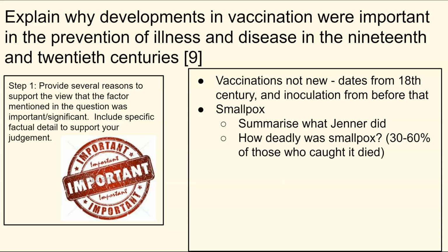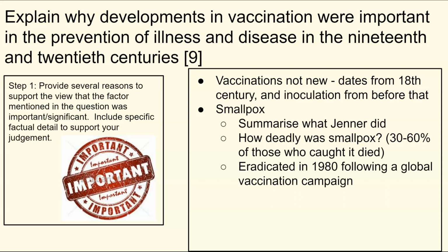You understand that smallpox was so deadly that this work from Dr. Jenner, and therefore the vaccine that could eradicate smallpox, is fundamentally important. You could also add, in your historical context, that globally smallpox was eradicated in 1980.